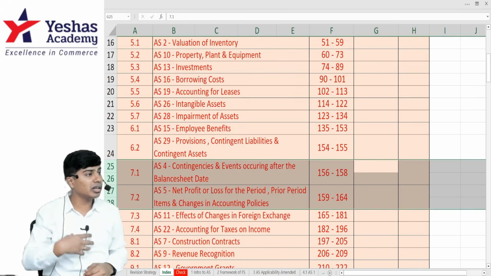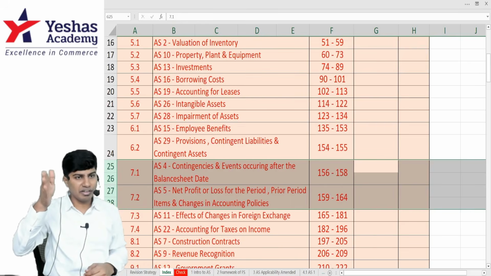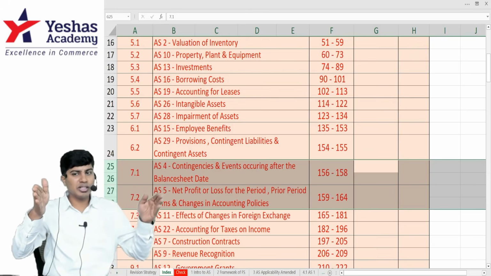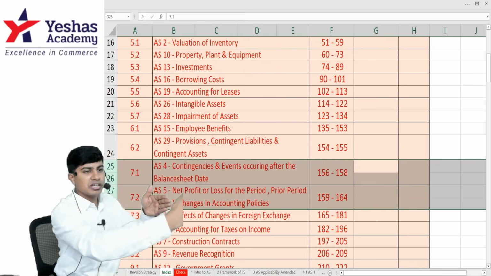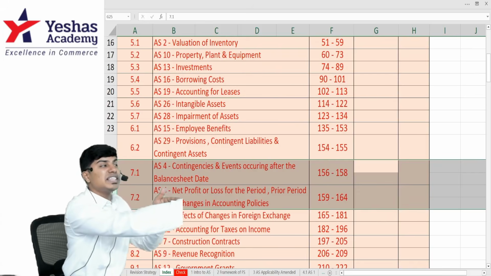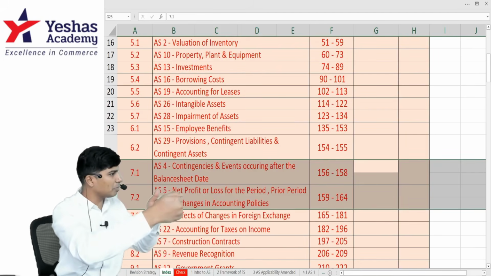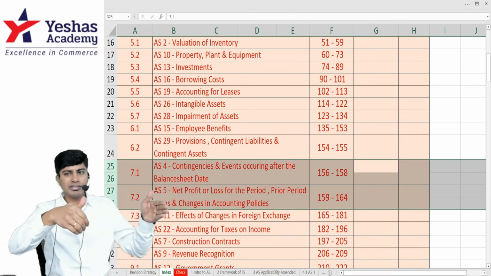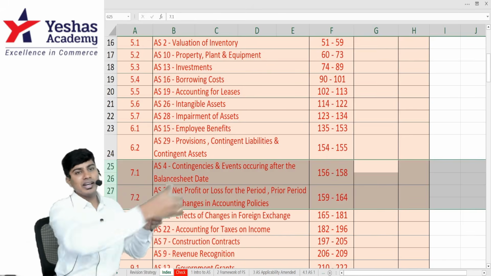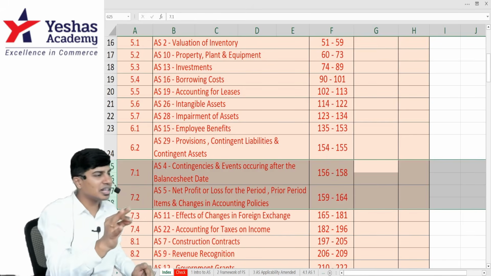What is my accounting year? 1st of April 2025 to 31st of March 2026. I did one transaction on 15th of April 2026. Is the transaction happening before or after? After the balance sheet date. Should I record that in this year's balance sheet? I should record it in next year's balance sheet. Am I right? That's what we always read, no?